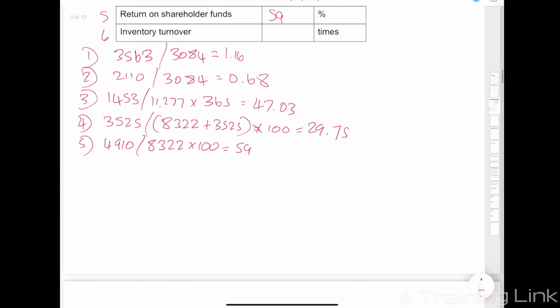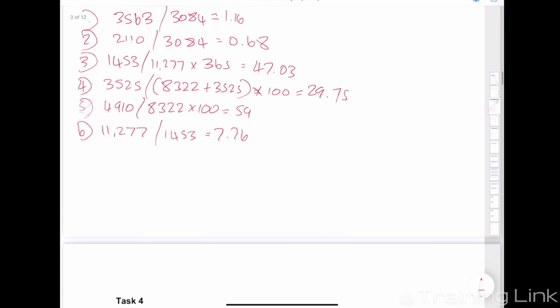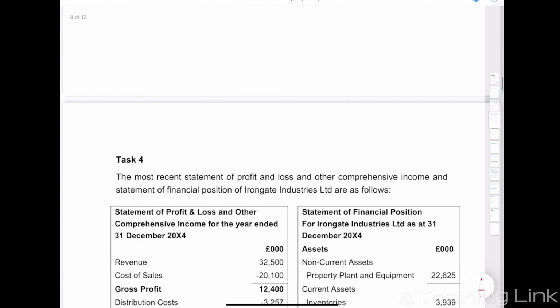So it would be 11277 over 1453, which equals 7.76. Which finishes task 3. Now move down to task 4.